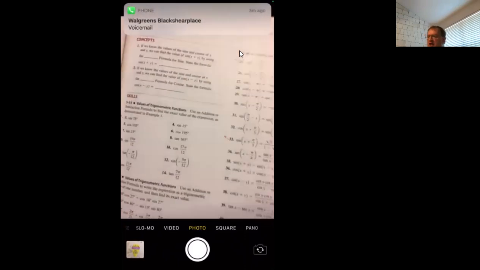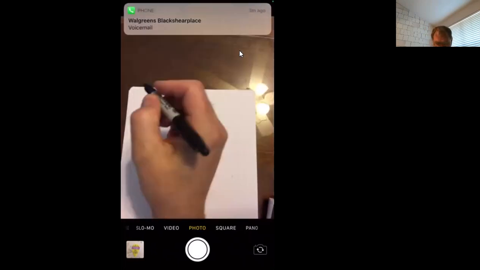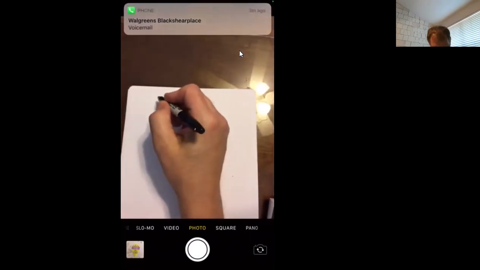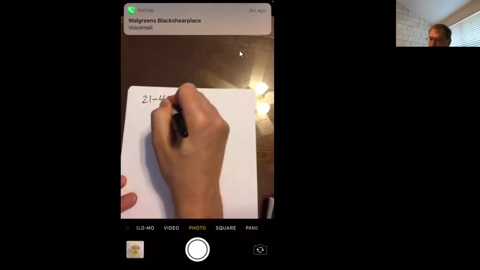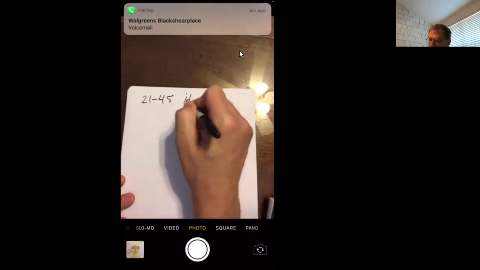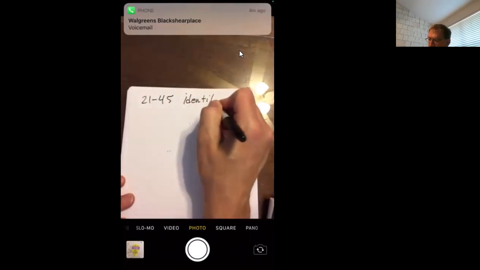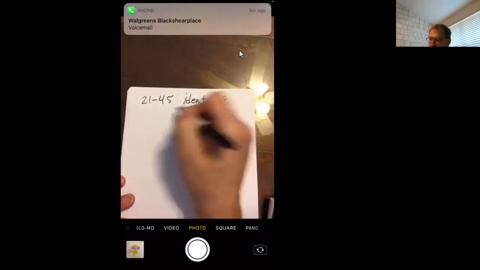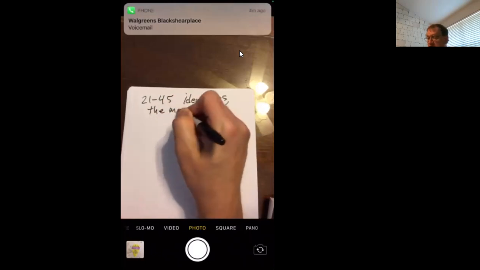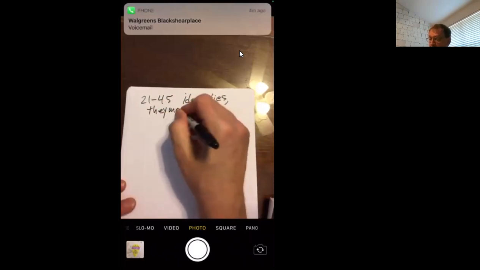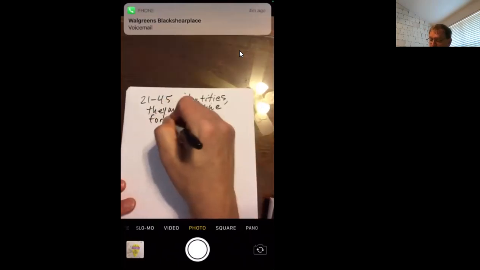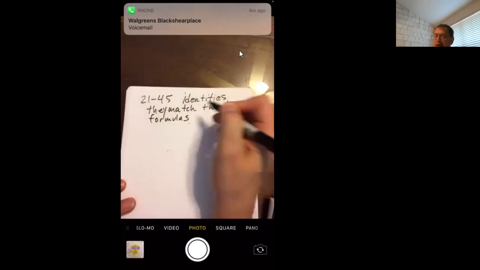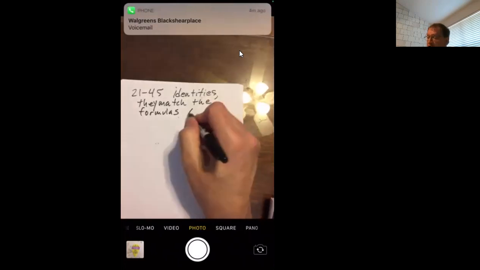Basically, it's a matter of verifying these identities using the formulas. These identities match the formulas. When you go from 21 through 40, really through 45, identities, they match the formulas, which tells you what to do. Let the formulas tell you what to do.